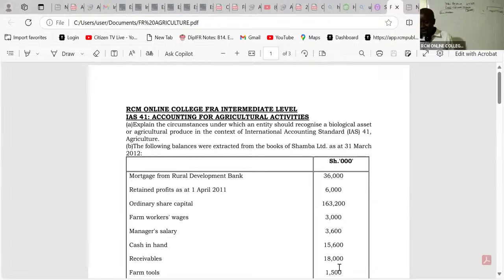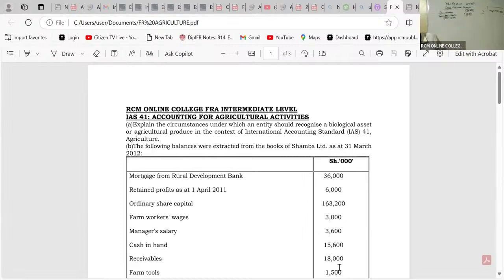So I'm able to see a reduction in value of farm tools, farm tools depreciation, 1,500 minus 1,200. This gives me a loss in value of 300 that has to be charged to our income statement.